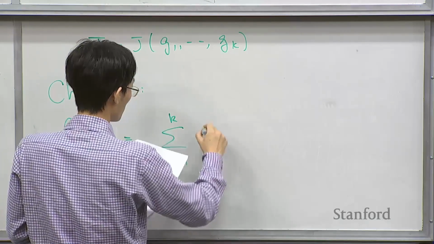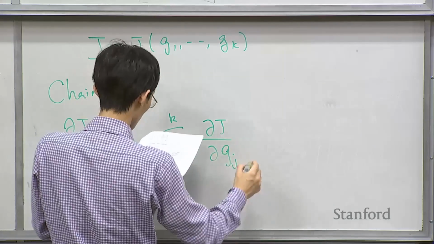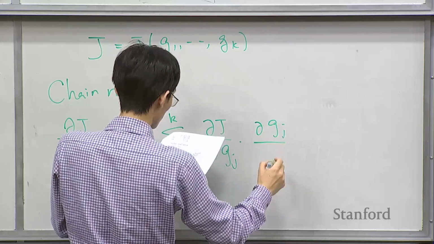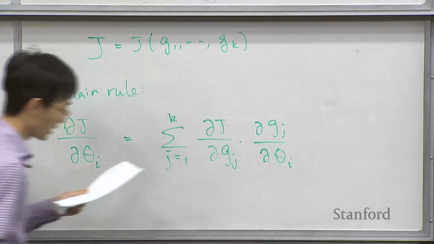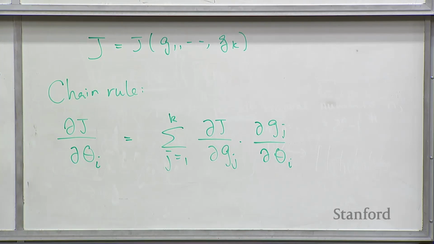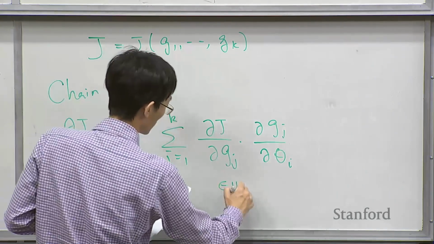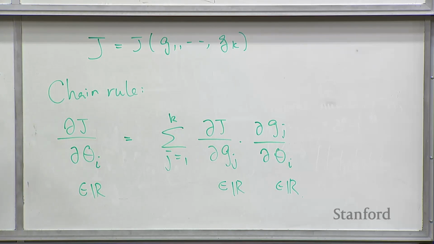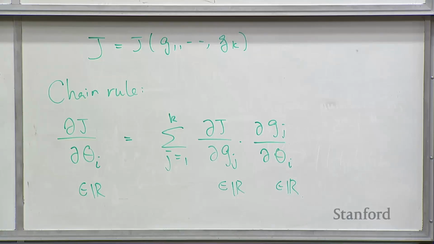For each intermediate variable, you first compute the derivative of J with respect to the intermediate variable, and then multiply it by the derivative of the intermediate variable with respect to the variable you care about, theta i. Just to clarify the dimension, everything is a scalar so far. So this is the chain rule, in the language of this course.